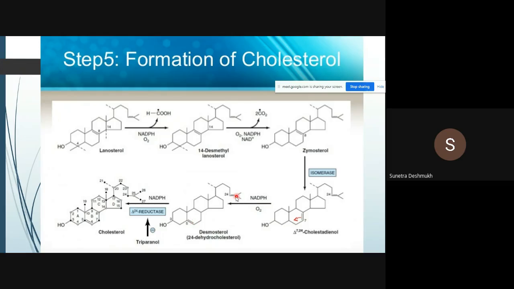Now we have to reduce this carbon-carbon double bond at carbon number 24, using delta 24 reductase.